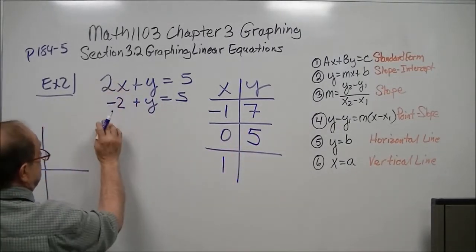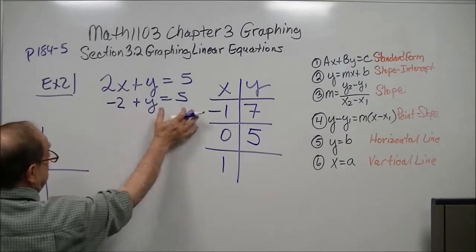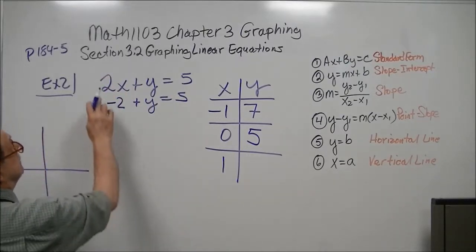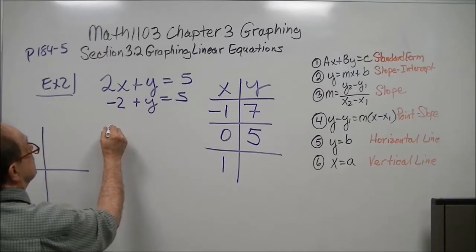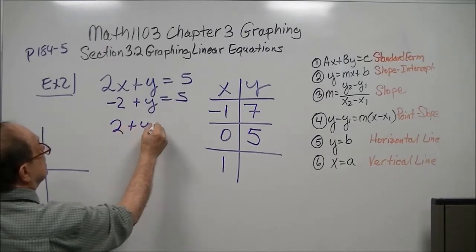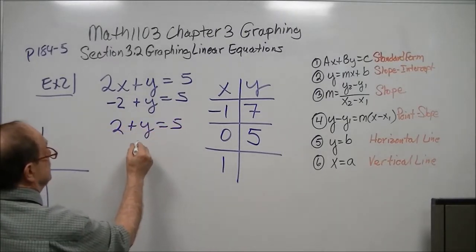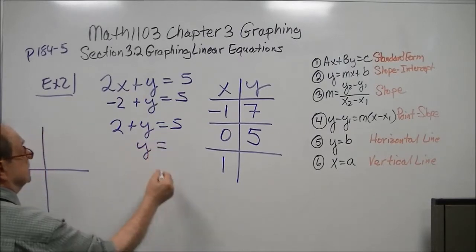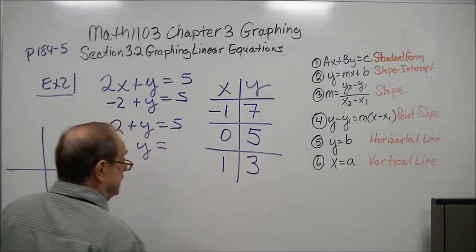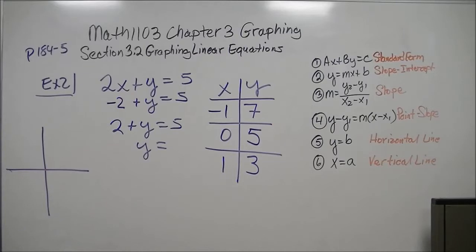If this is 0, you just put a 0 there, y is 5. And if this is 1, this becomes a +2. And when we transpose it, it becomes a 3. So we now have 3 values, and hopefully we've done our arithmetic correctly.